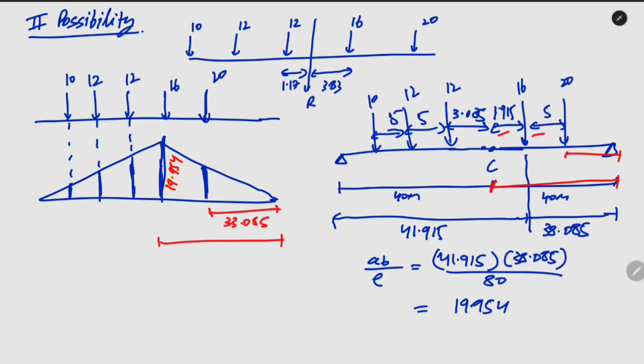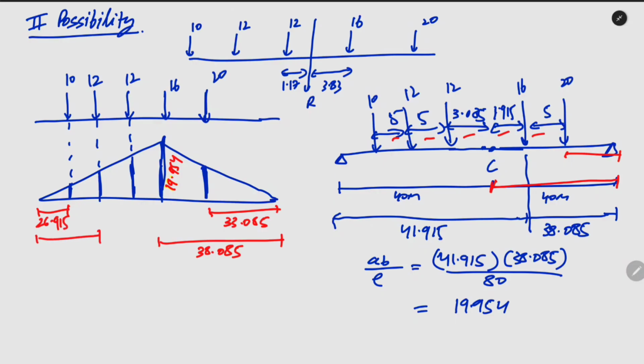It will be 40 minus 1.915 and it will be 38.085. Now for the left hand side, this is 40, so 40 minus 3.085 minus 5 minus 5, so this distance will be 26.915.